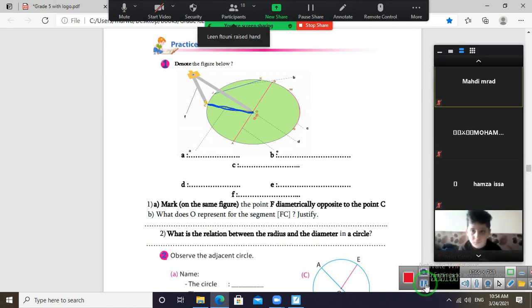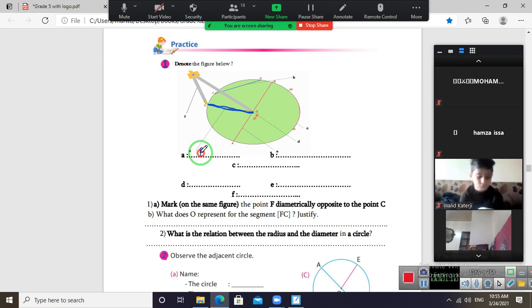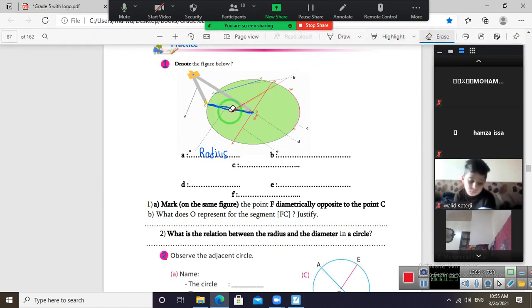OC is a... Repeat it, please. I'm not hearing. OC is a radius. Very good. OC is a radius, since it's a segment whose extremities are the center and a point on the circle.